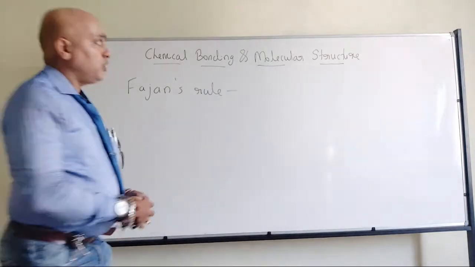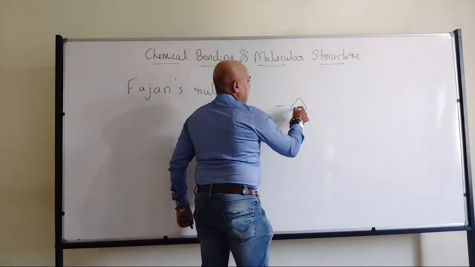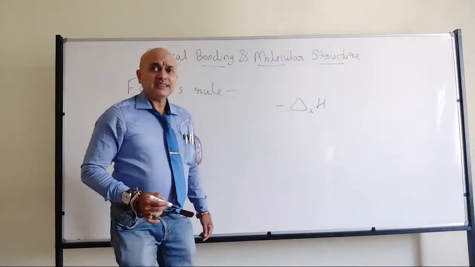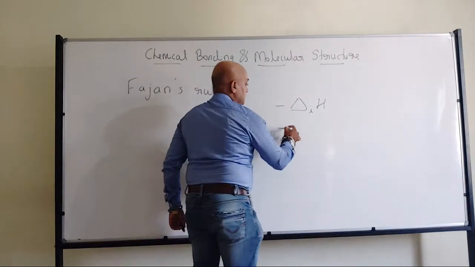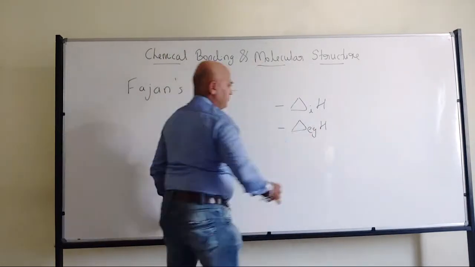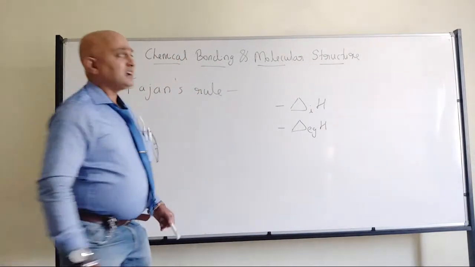All of us know, for ionic compounds to get formed, we should consider ionization enthalpy, that is the ability of an element to donate the electron. Then there will be electron gain enthalpy, that is the ability of an element to take up the electron.